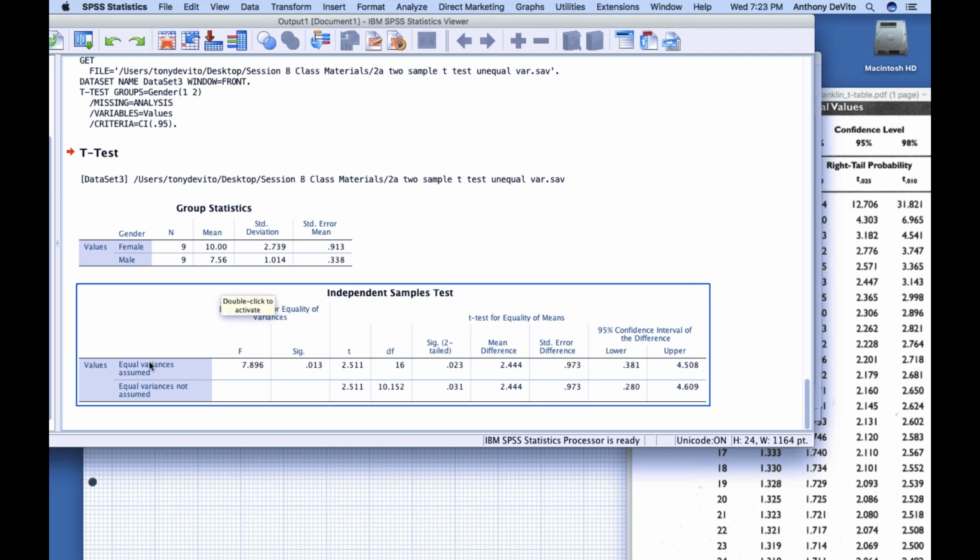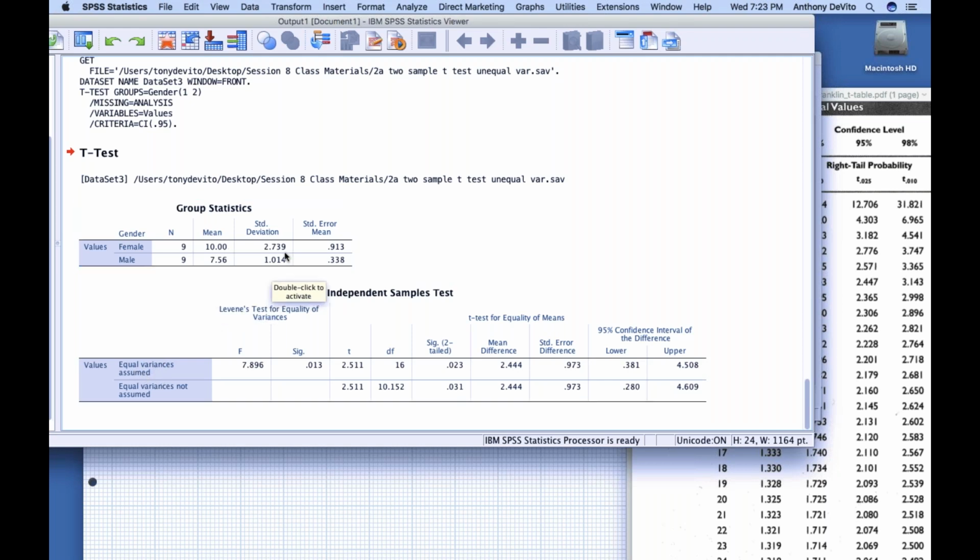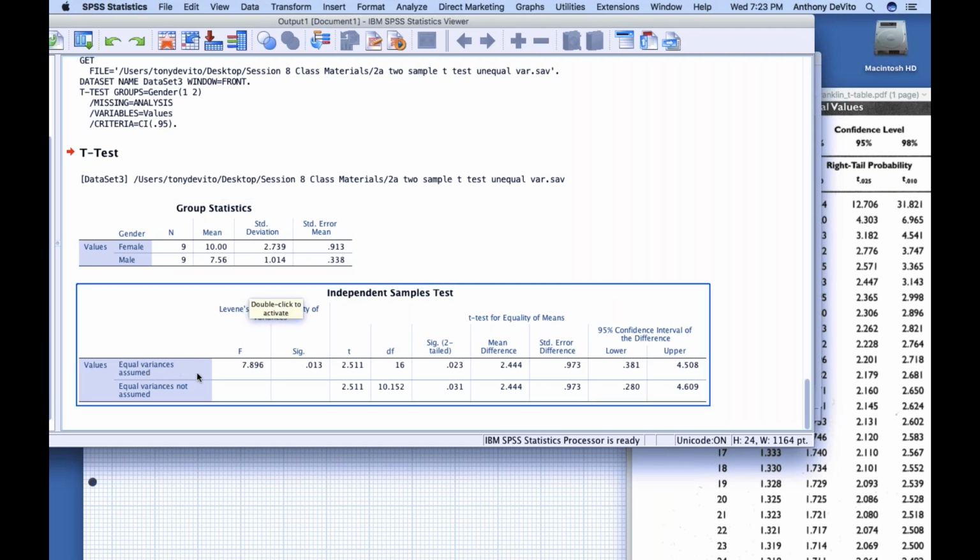So when I go down to my SPSS page, if I look at this, the top row is equal variances assumed. I'm not so sure. Looks like the standard deviations are different. So if I look across here, the first boxes I see are my test for equality of variances.